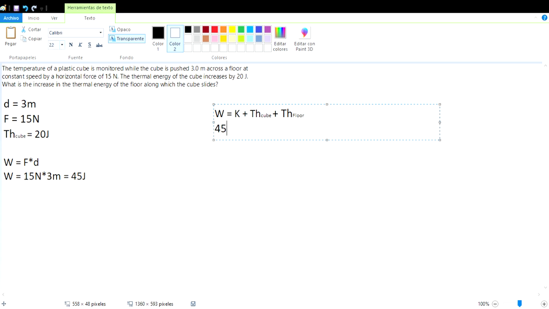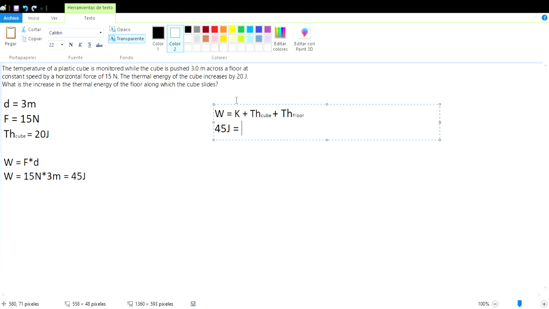We have the work, which is 45 joules. And for the difference of kinetic energy, the velocity is constant. It's a constant speed.